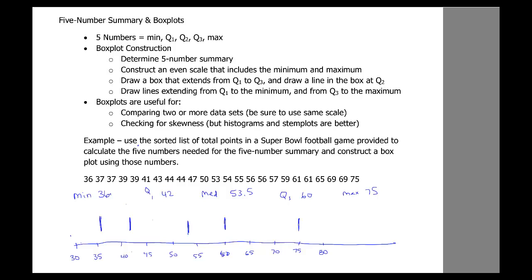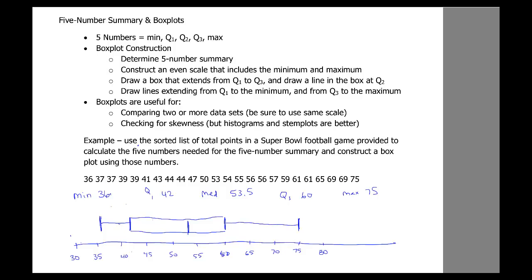Okay. The 3 in the middle we want to connect to make a box, and then we connect the 2 on the ends with just single lines going out like that.